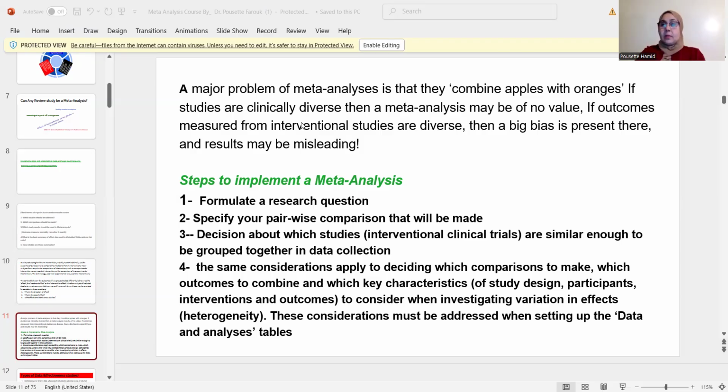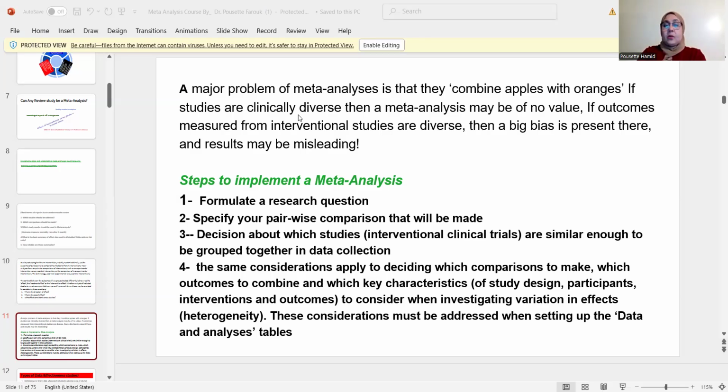To do a meta-analysis means you should have a pairwise comparison. It is a must. You should have two arms, two groups, one group having intervention and one having control, and a comparison made between both. A decision about which studies, which is the RCTs, are similar enough to be grouped together in data collection.